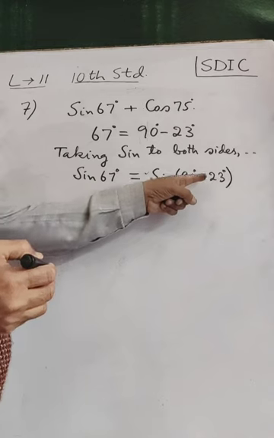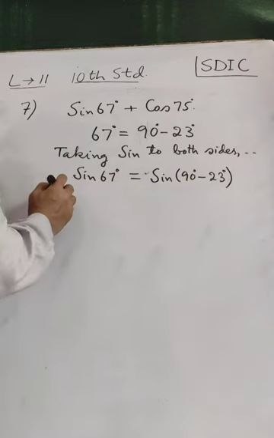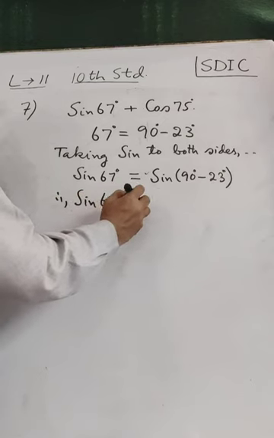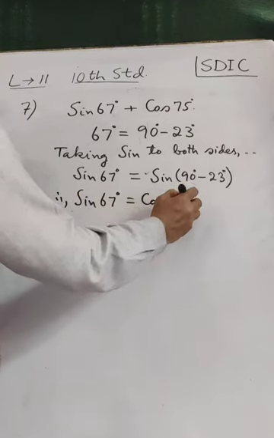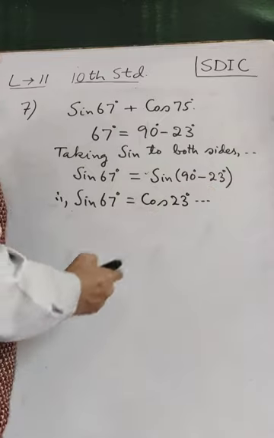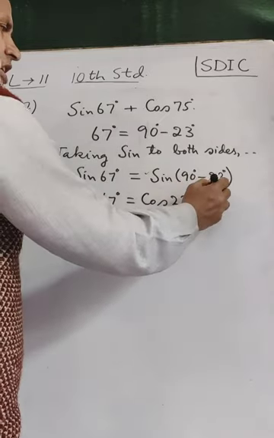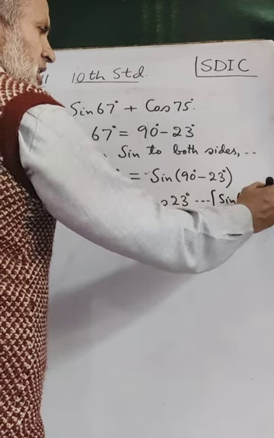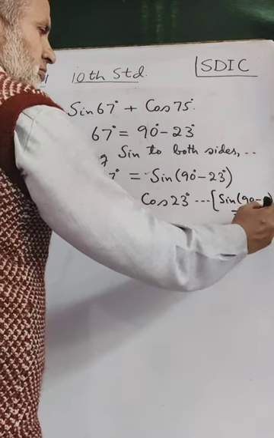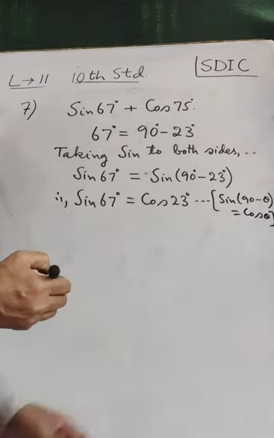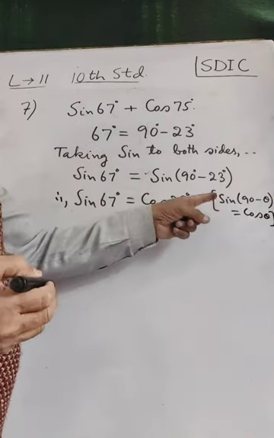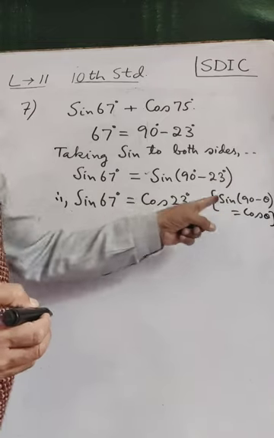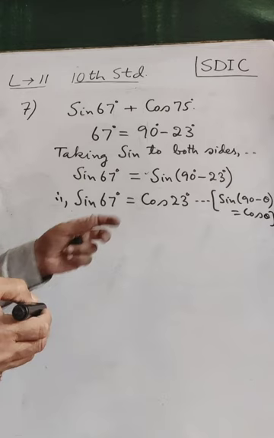It is now sine 90 minus theta, that is cos theta. It will be therefore sine 67 degrees is equal to cos 23 degrees. Because sine 90 minus theta is equal to cos theta, right? In the bracket, the relation we used, sine 90 minus theta is equal to cos theta. In this relation, we have replaced theta by 23 to make this sine 90 minus 23 and this as cos 23. That is first part.